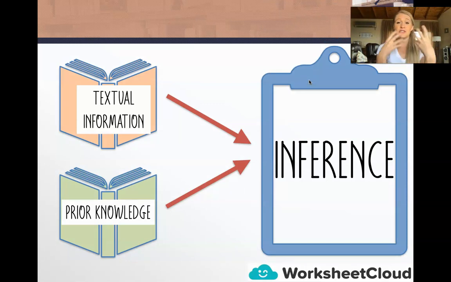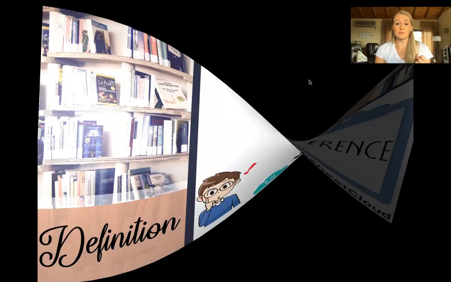Inferencing always requires those two components, textual information plus your prior knowledge. We then combine the two and form an inference or a conclusion about something. So we don't just make random guesses about certain information from texts. It's also using our prior knowledge, and it's so important.